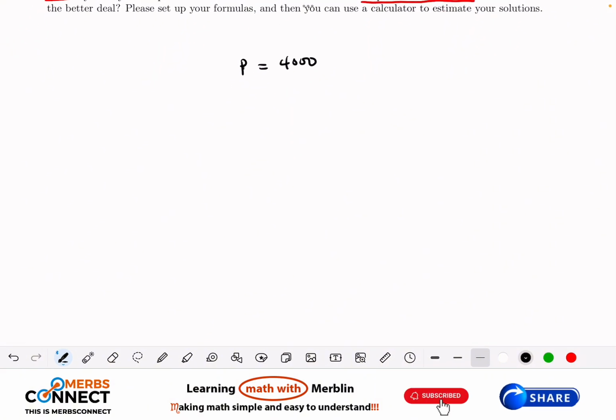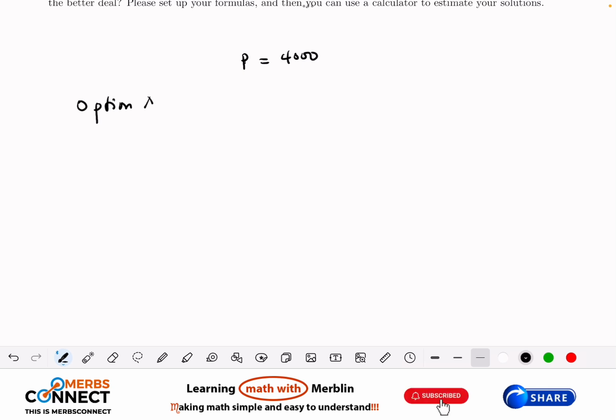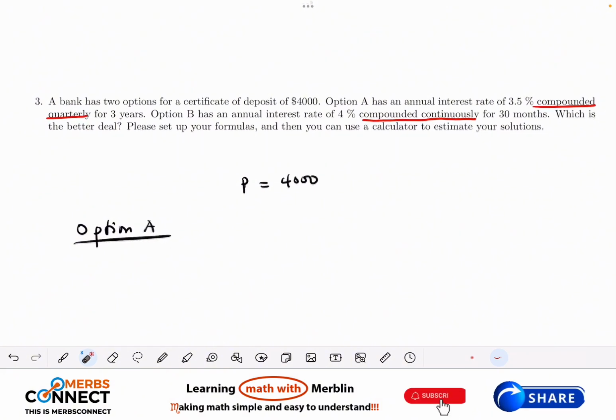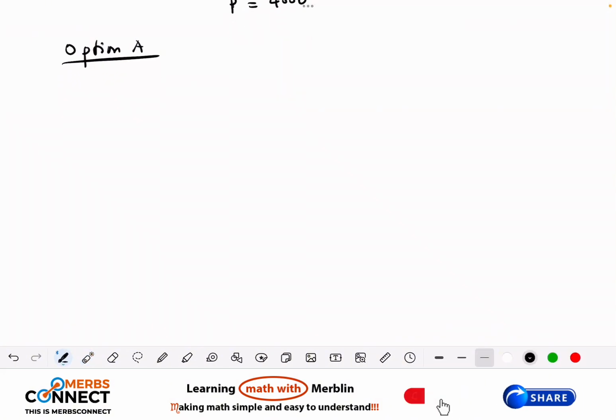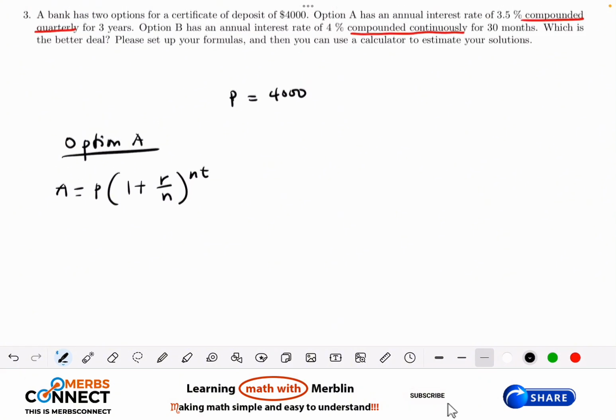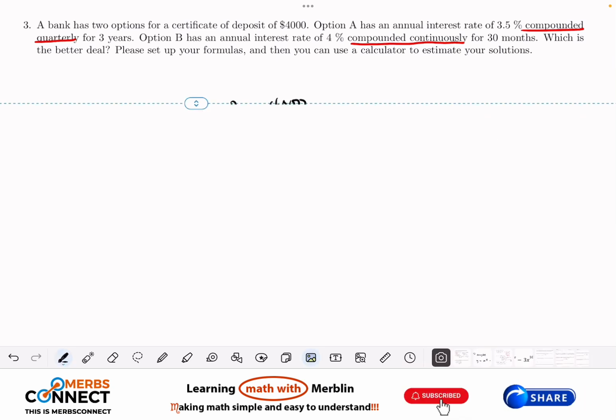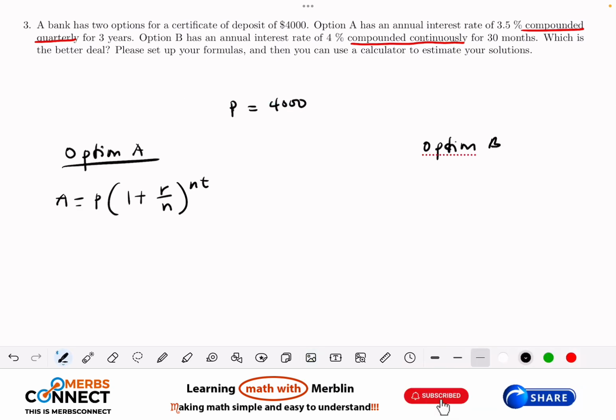Let's look at option A. We have compounded quarterly, so we need to know the formula we are going to use: A is equal to P(1 + r/n)^(nt), because it's compounded quarterly. Then option B: we are going to use A is equal to Pe^(rt). Why? Because it's compounded continuously. Good.